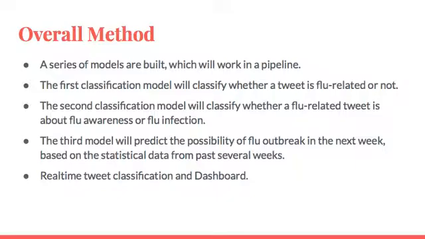These two classification models are used as filtering. The third model is the prediction model, to predict the probability of a flu outbreak in the next weeks. We also use real-time tweet classification and a dashboard.